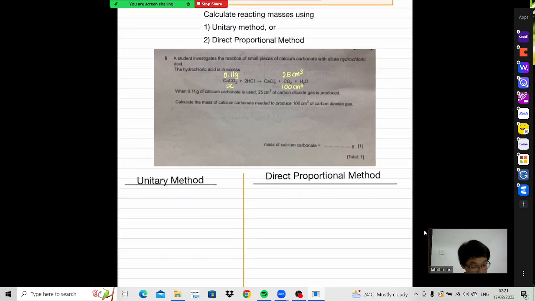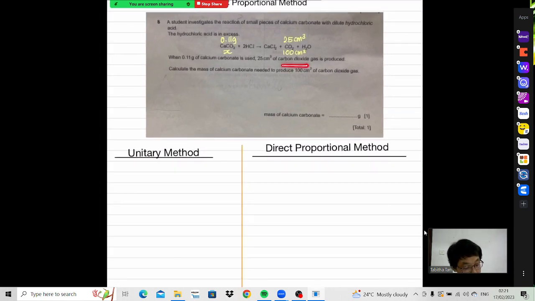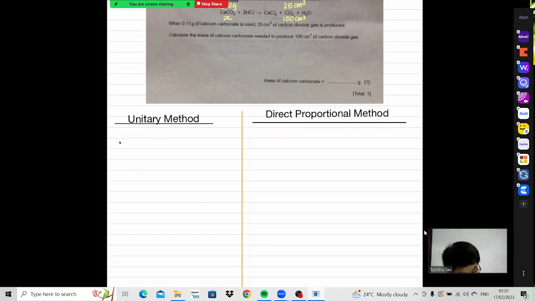For the unitary method, since the point of reference is carbon dioxide, where I'm going to take 100 multiplied by something, I will just take 1 unit of carbon dioxide. So 1 unit of carbon dioxide is produced from how many grams of calcium carbonate?